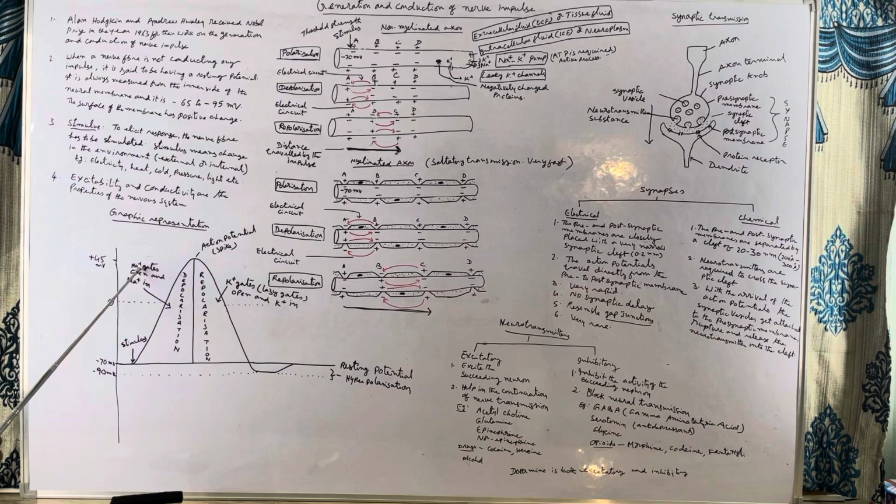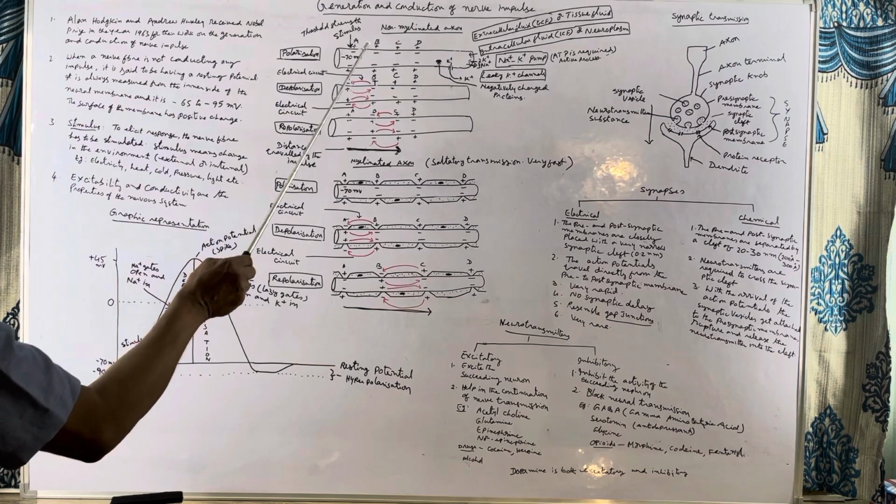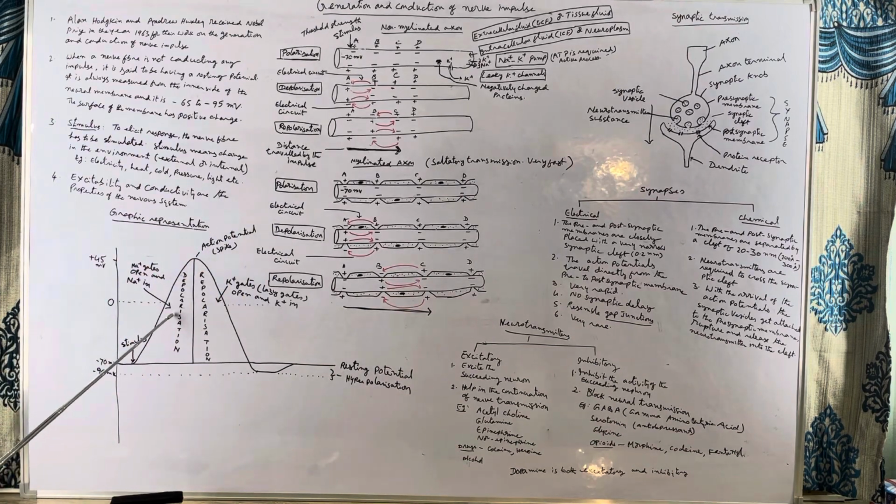Voltage gated sodium channels open and sodium ions rush into the axoplasm. As a result, what happens? The negativity decreases from minus 70 to 0, then it reaches a level of plus 45 millivolts.